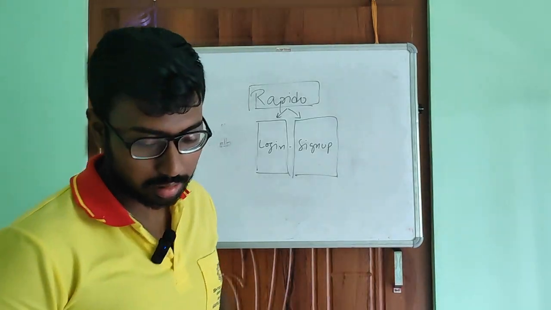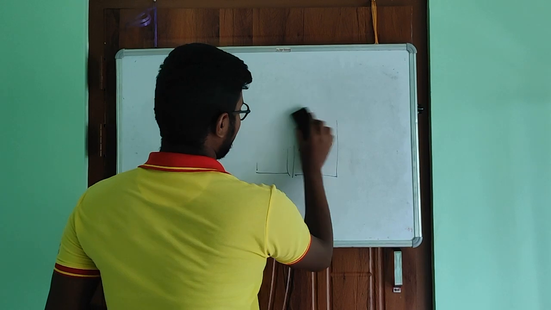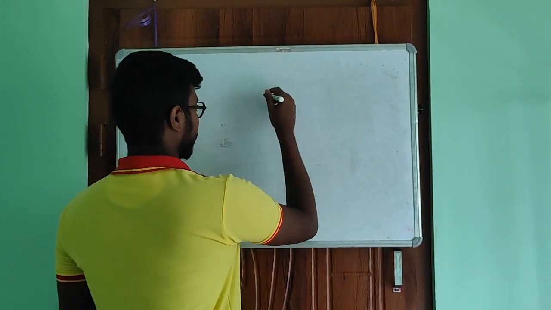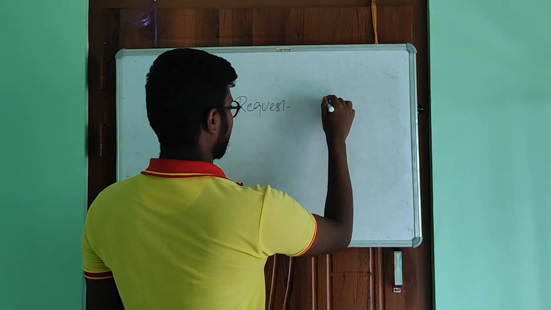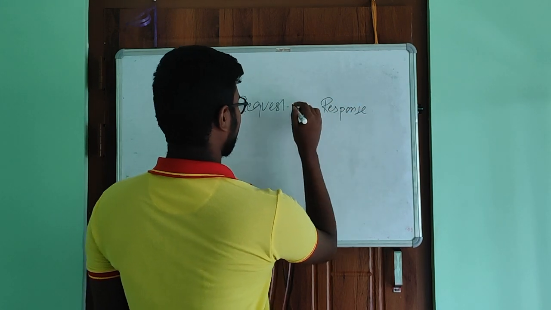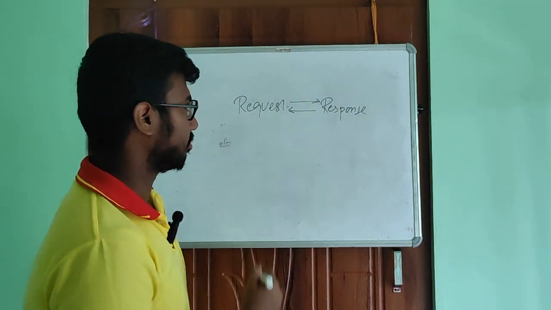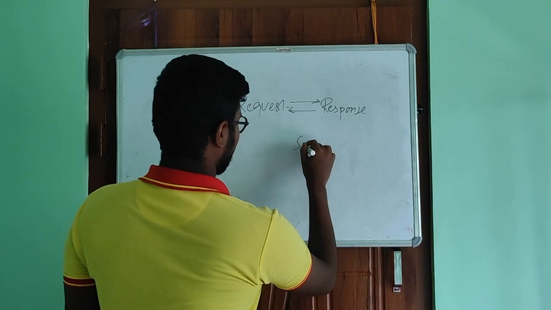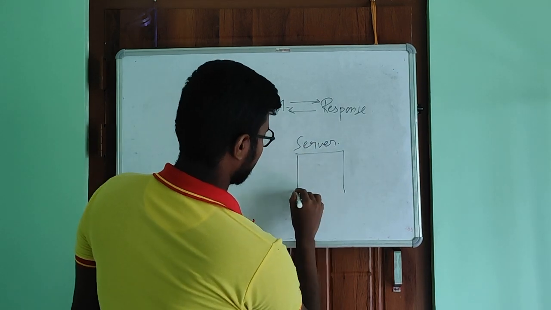Okay, so there is a server sitting somewhere, right? Even I also don't know where it is. So there is a server, okay? So request, response. So this is the mechanism, okay? So this is called server over here.